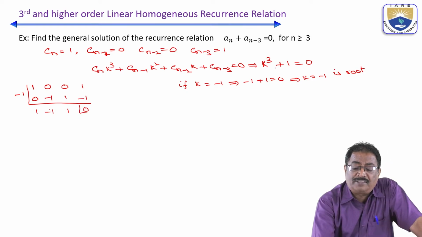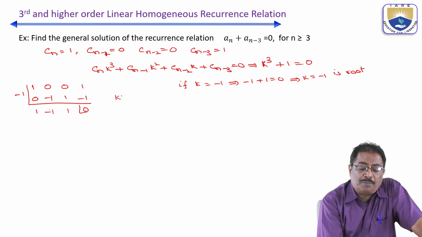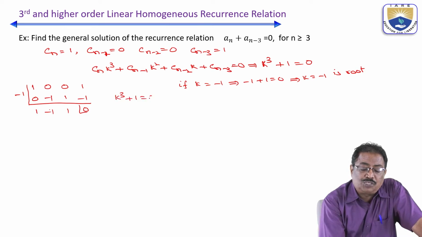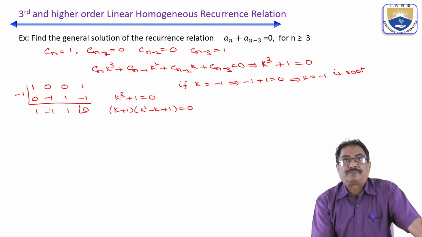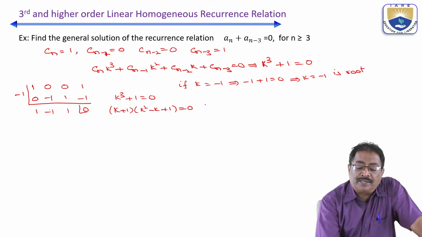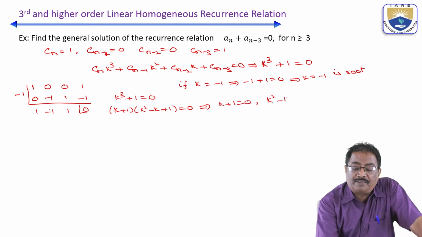So I write this as k cubed plus 1 equals 0, which is k plus 1 into k square minus k plus 1 equals 0. This implies k plus 1 equals 0, and then k square minus k plus 1 equals 0.